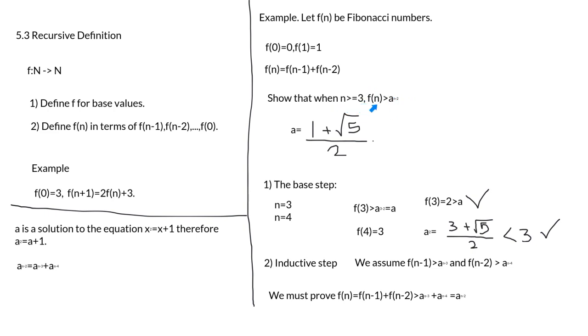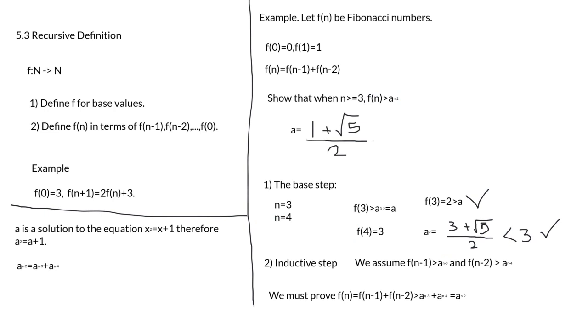Now, because the function f of n has a recursive relation based on two previous values, f of n minus 1 and f of n minus 2, it's essential to have a correct proof that we check in our basis step for the first two smallest numbers, which are n equals 3 and n equals 4 in this case. And we check the inequality for the two base values.